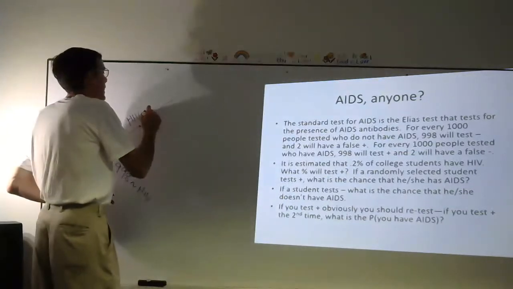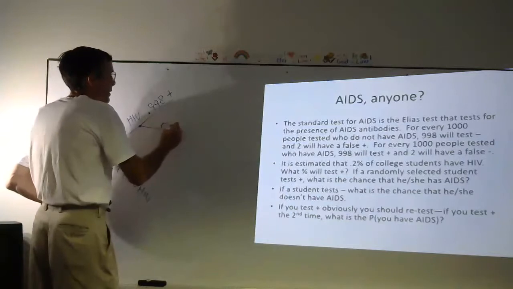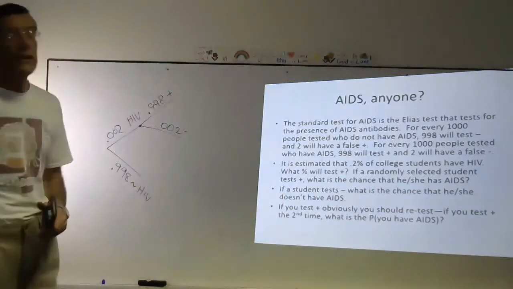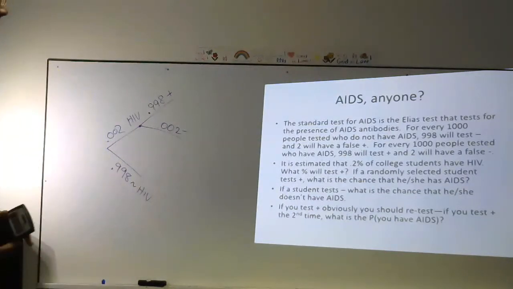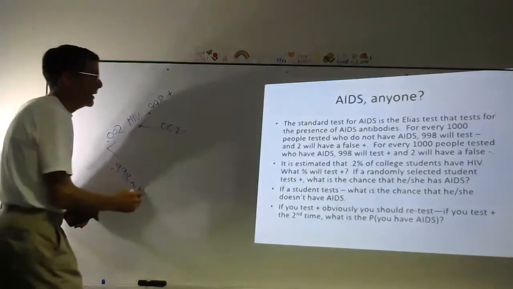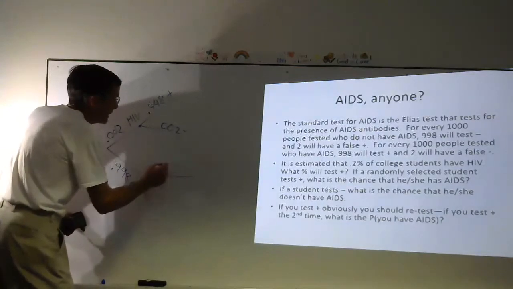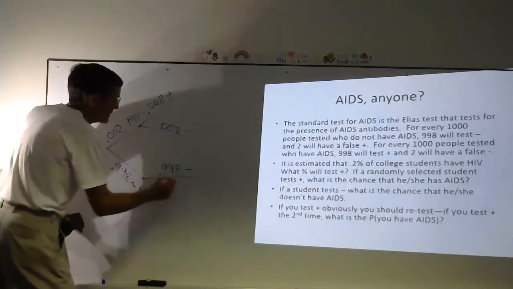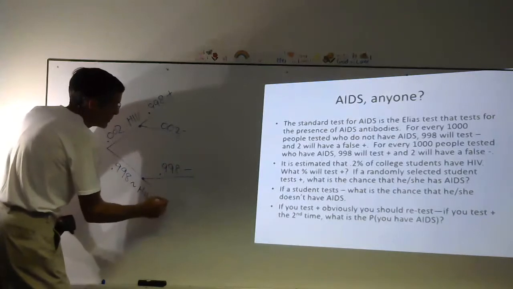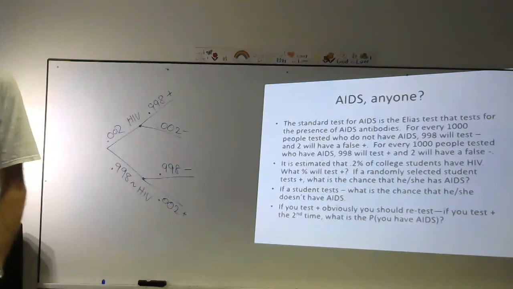That is 0.998 will test positive. 0.002 will have a false negative. How about the ones who don't have AIDS? Okay? For people that don't have AIDS, 0.998 will test negative. 0.002 will test positive. Okay?